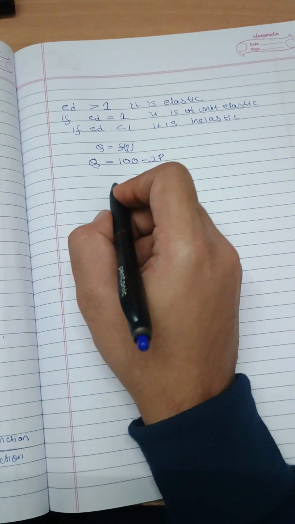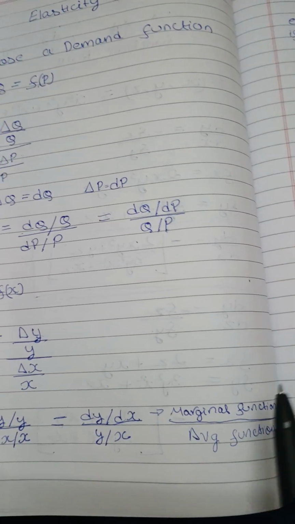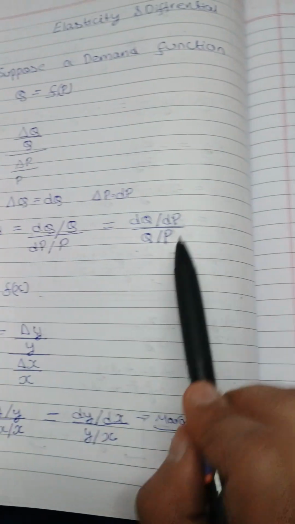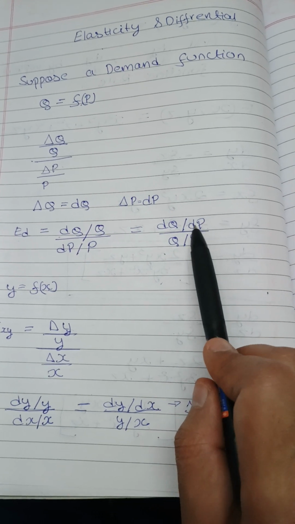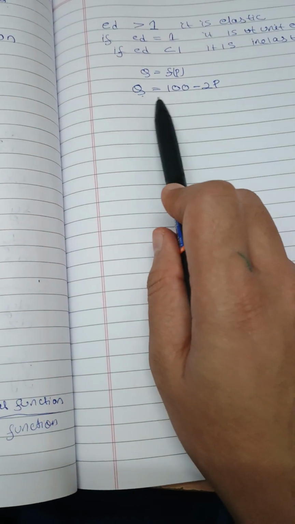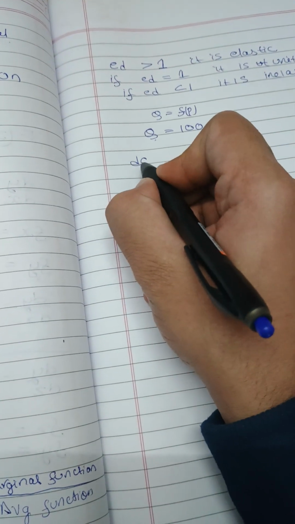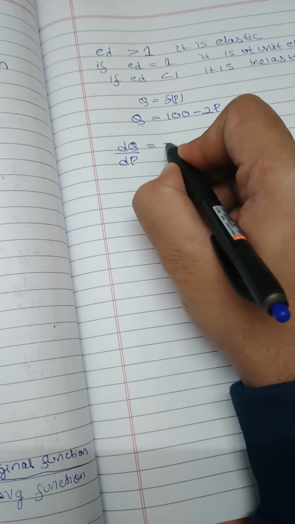First, we will have to find dQ upon dp, which means we have to differentiate it with respect to p. So to find dQ upon dp, we differentiate and we get minus 2.